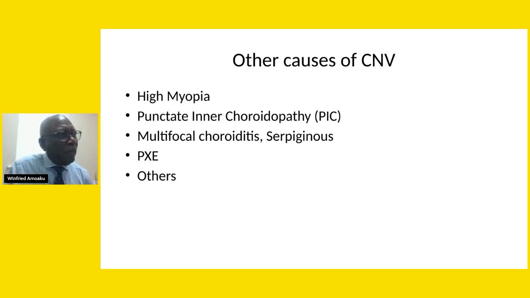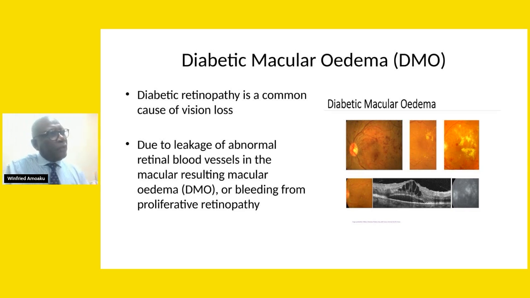Of course, there are a few others, less common ones. I won't go into that. But it's important to appreciate other things can cause choroidal neovascular membrane, non-AMD CNV, but we'll treat them. The treatments we give for these are based on the same treatment as we have for wet AMD.